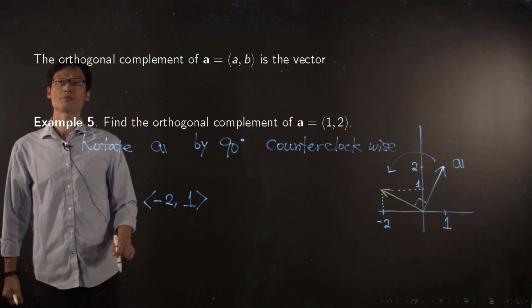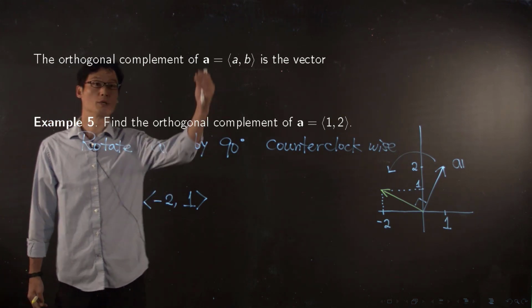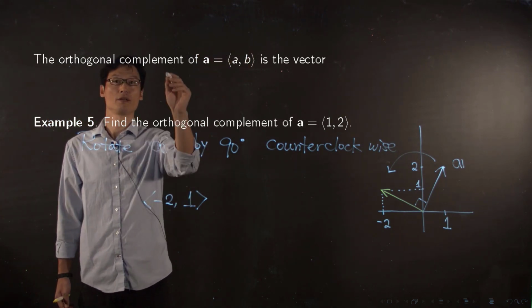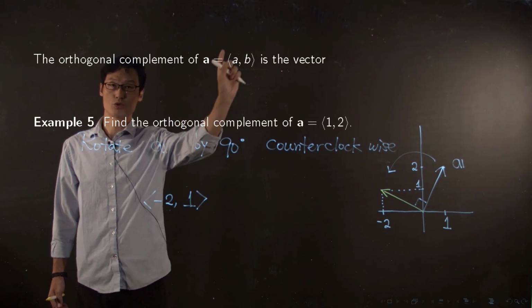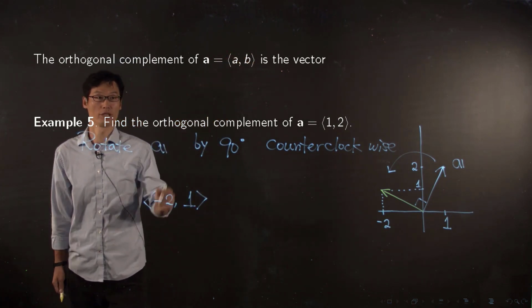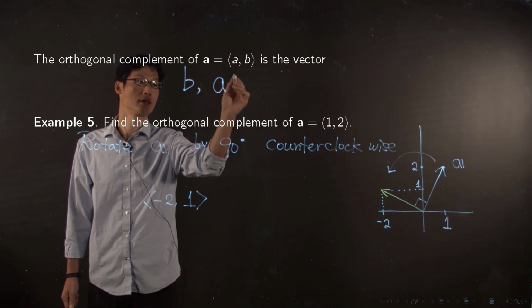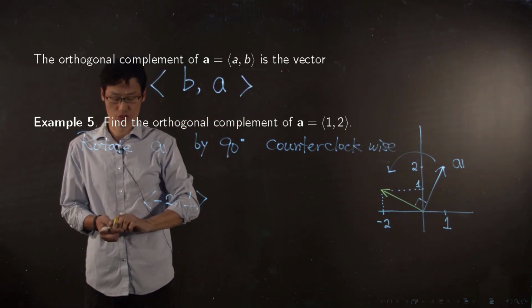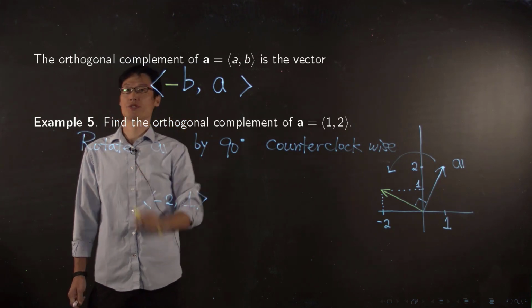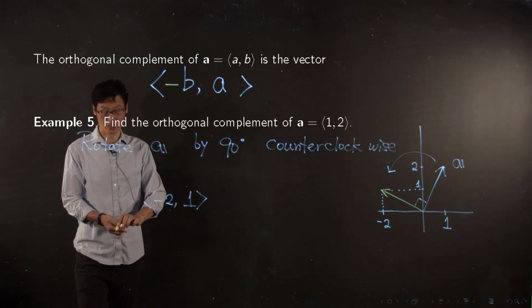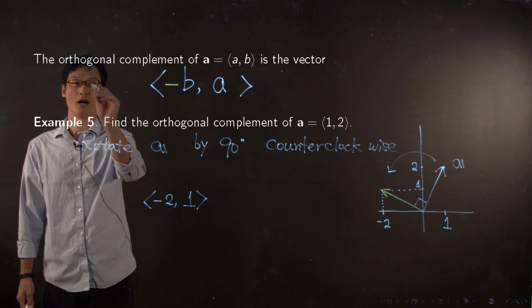So the orthogonal complement of the vector (a, b) is going to be, well, you swap the coordinates to (b, a), but you need to change the sign for this b. That is the orthogonal complement.